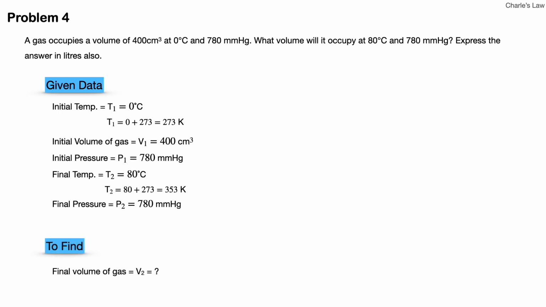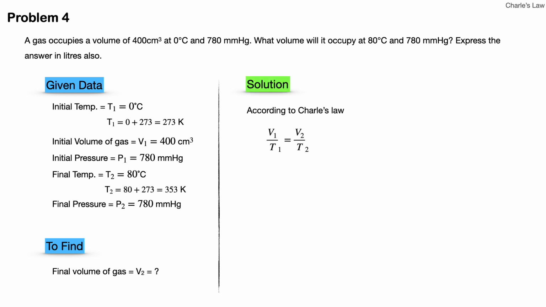We have to find the final volume of the gas, V2. According to Charles' law, V1 over T1 is equal to V2 over T2, and from here we can derive the value of V2 like this. Now we simply insert the given values in the formula and perform the necessary calculations.